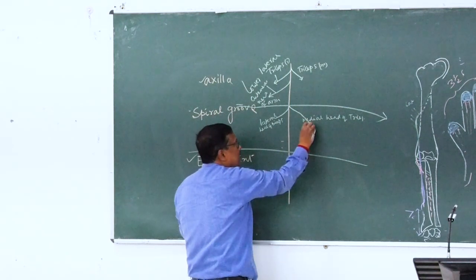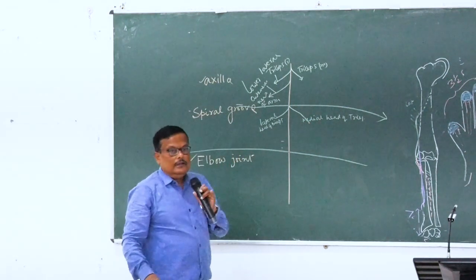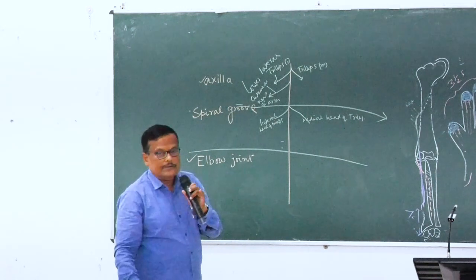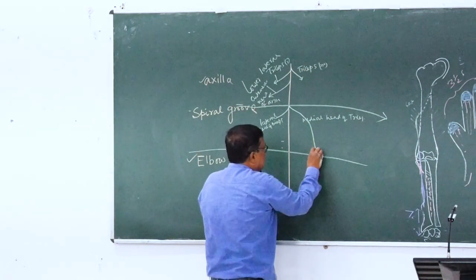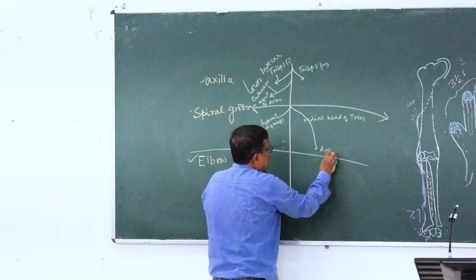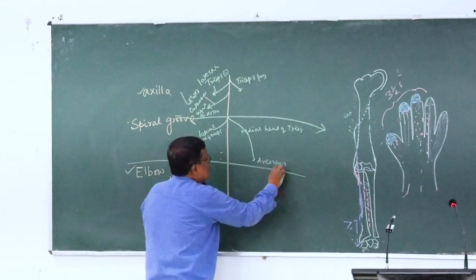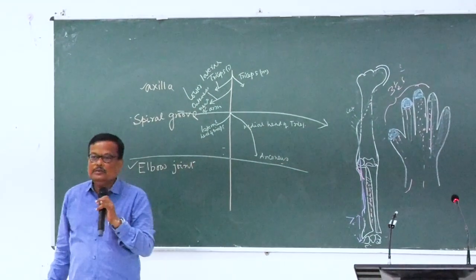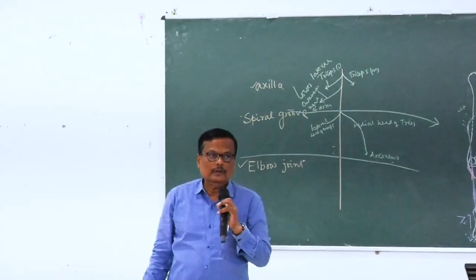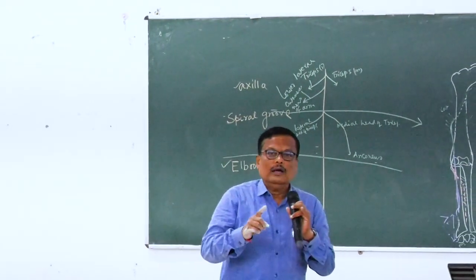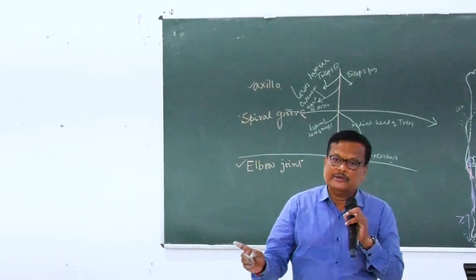The branch to the medial head pierces the medial head and also supplies a muscle known as the anconeus. So in the spiral groove, it gives branches to the long, lateral and medial head of the triceps.